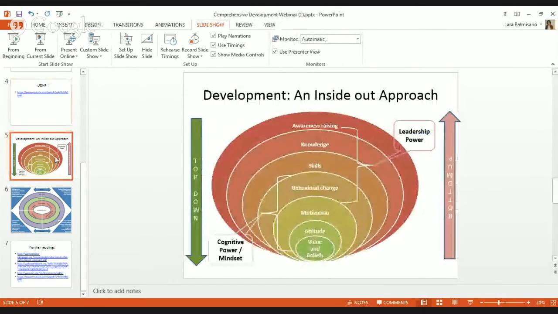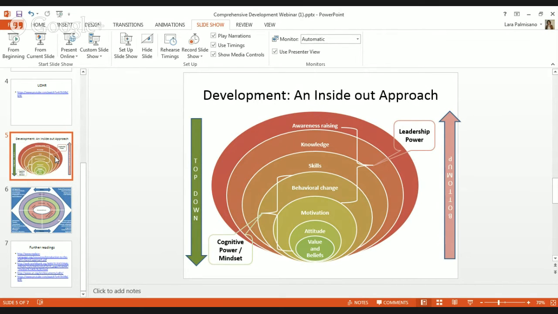So after discussing the right-based and need-based approach in the comprehensive development framework, when we talk about holistic development, or development from a different perspective, it has the balance of cognitive power and the mindset of an individual, of a society, of a community, as well as the leadership power.